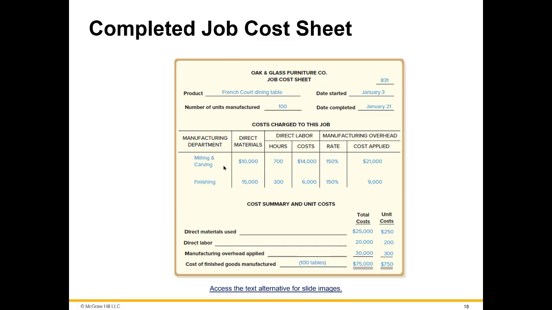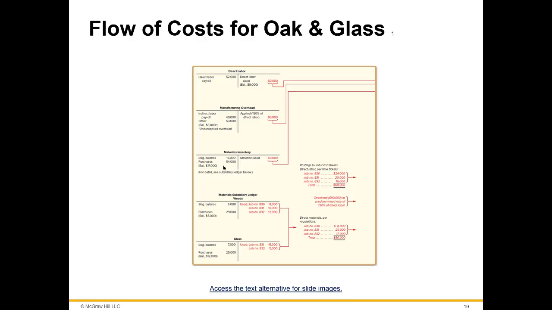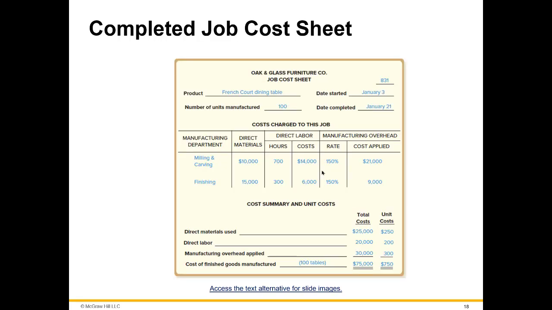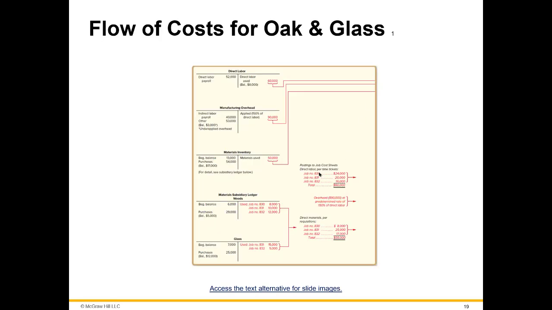So this is for one job. This next slide is for multiple jobs. The last one was job, let's see, 831. And says this is accumulating for 830, 831, and 832.